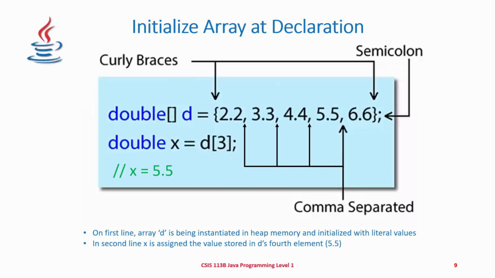So x at this point is going to be the value 5.5, because if you look at the third index, starting with 2.2 at index 0, the next one is 1, the next is 2, and the next is 3. So 5.5 is at index 3 in our array D. That value is retrieved from that location and assigned to the variable x.